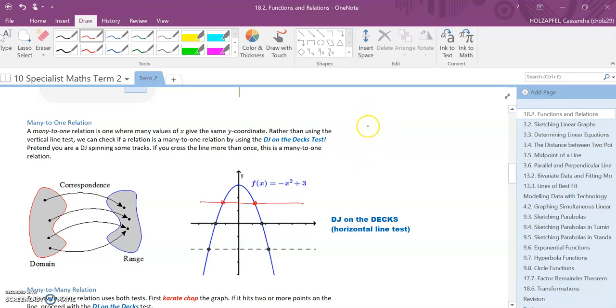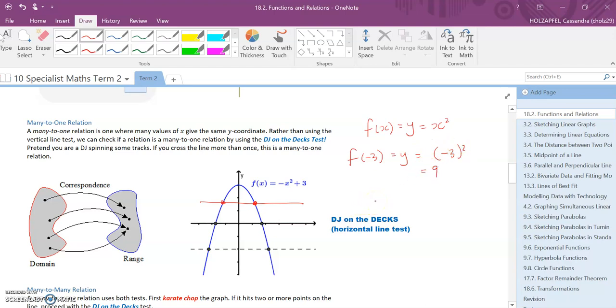So let's do an example. I have my function of x, which is equal to y, and let's say that that's equal to x squared. Now let's say I wanted to substitute in a value, so let's substitute in -3. The value of the function at -3, in other words, the value of y when x is equal to -3, is going to be equal to 9.